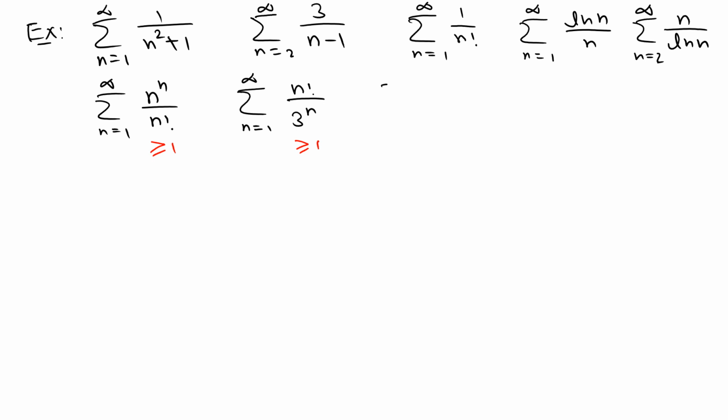And then we have this one, sigma n going from 2 to infinity, 3n over ln n, and then sigma n going from 1 to infinity, 5 divided by 2 plus 6 to the n.